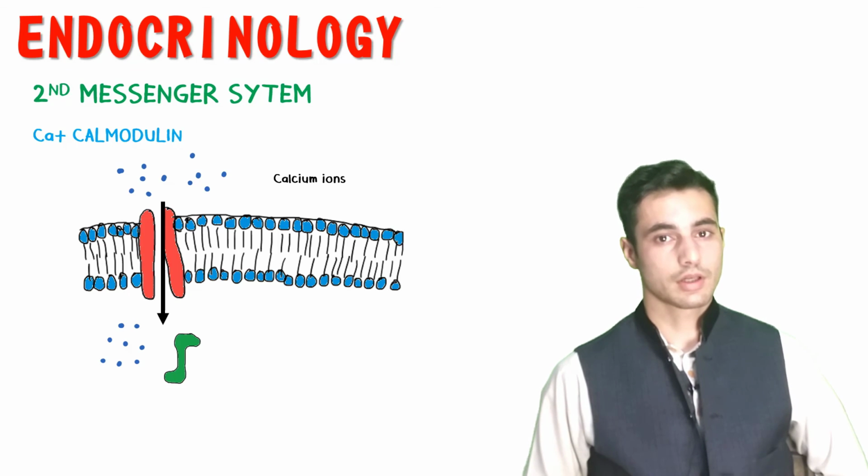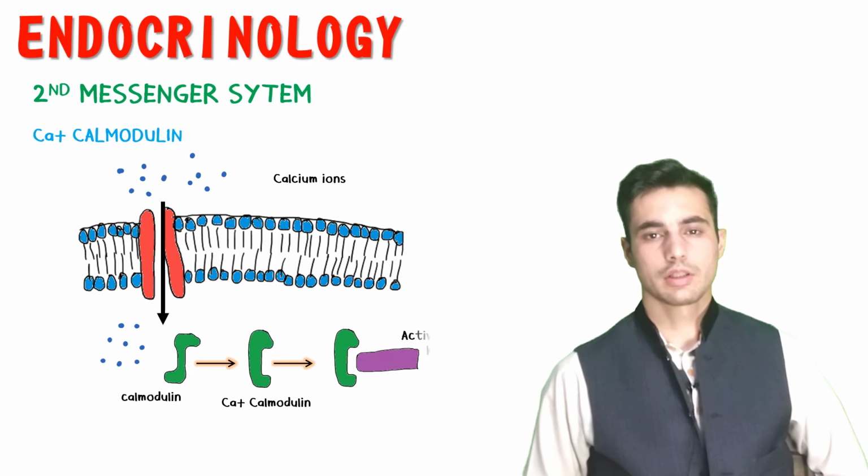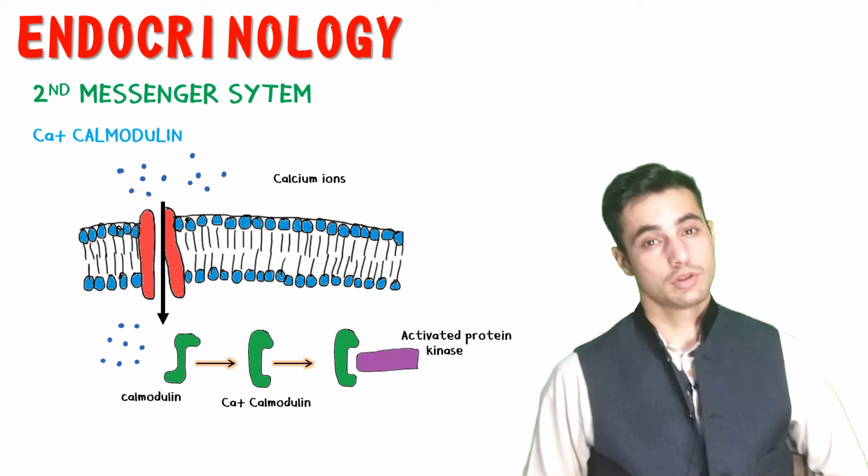When 3 binding sites are joined with calcium ions, they change their shape, conformation, and are converted into the calcium calmodulin complex. This calcium calmodulin complex will then join with the adenyl cyclase and activate protein kinase and perform its action.